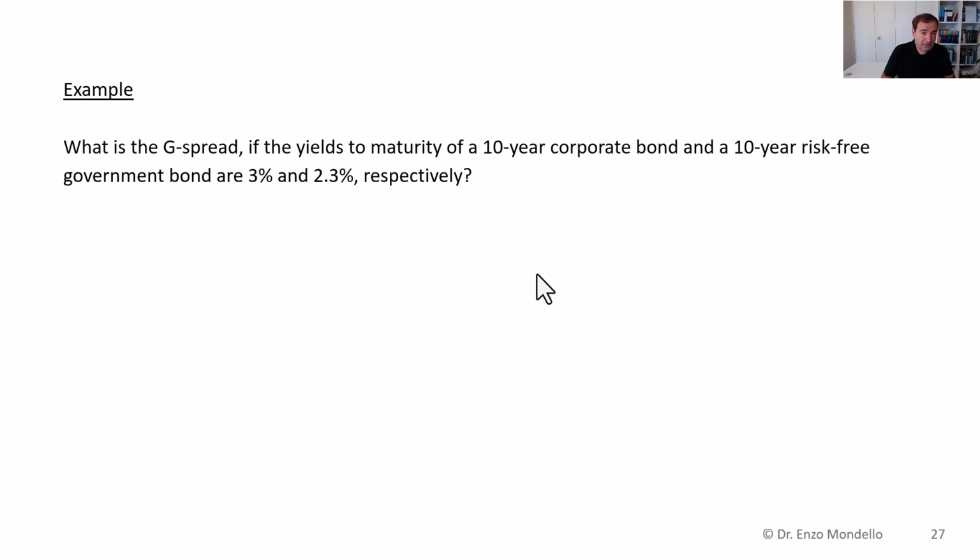Now let's take the following example to calculate the G-spread. What is the G-spread if the yields to maturity of a 10-year corporate bond and a 10-year risk-free government bond are 3% and 2.3% respectively? To calculate the G-spread, we can take the equation: the yield to maturity of a corporate bond, or of a risky bond, equals the yield to maturity of a prime government bond with the same maturity and currency as the corporate bond, plus the G-spread.